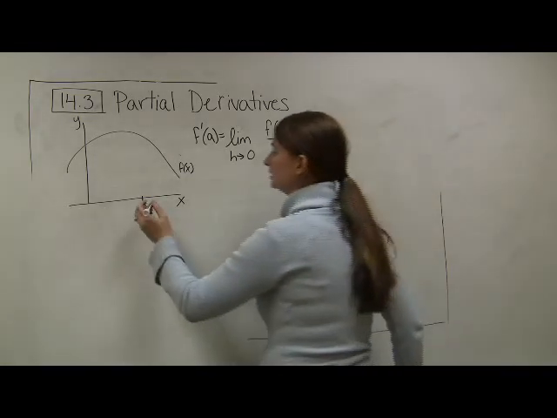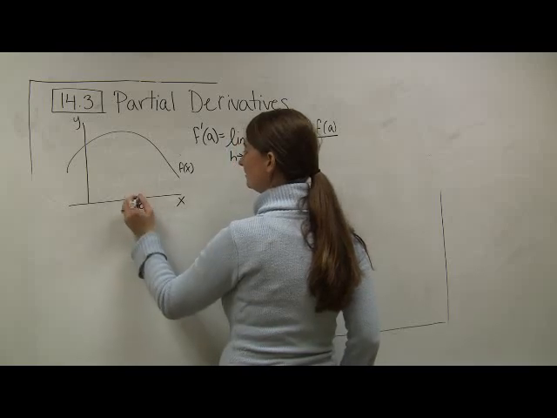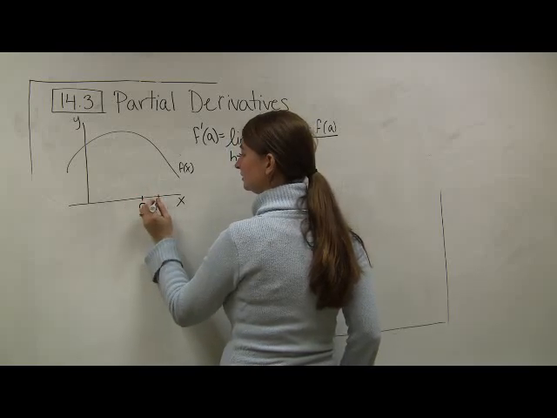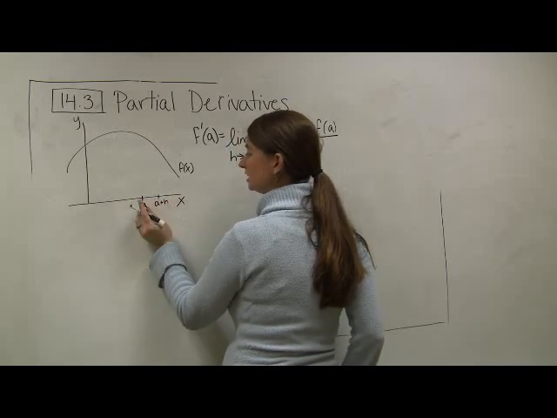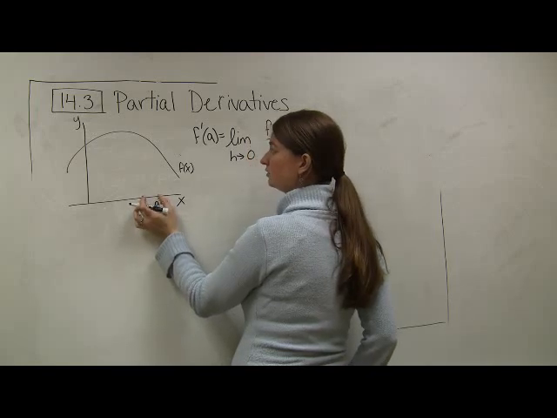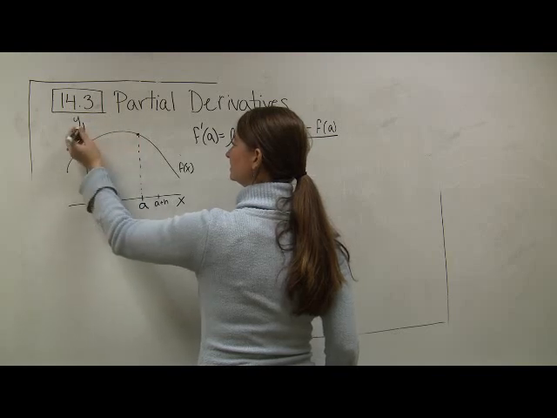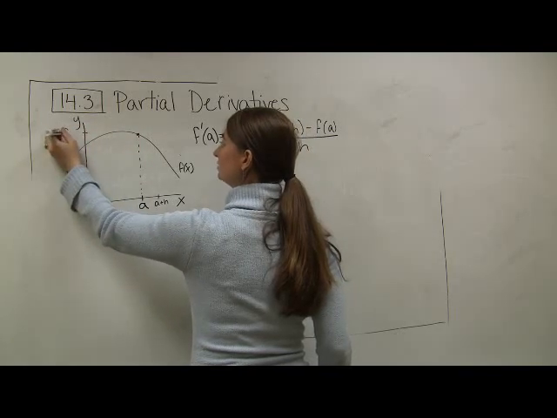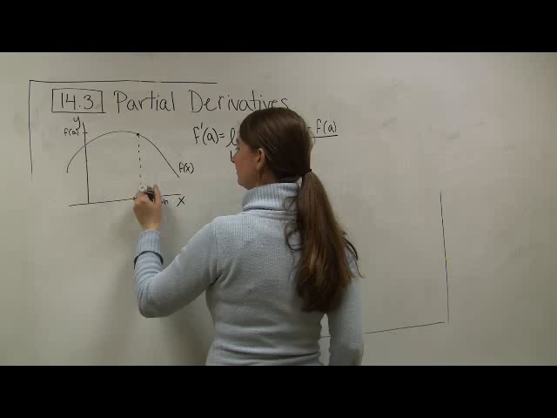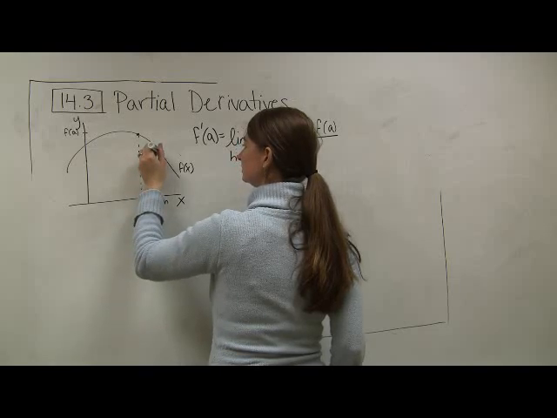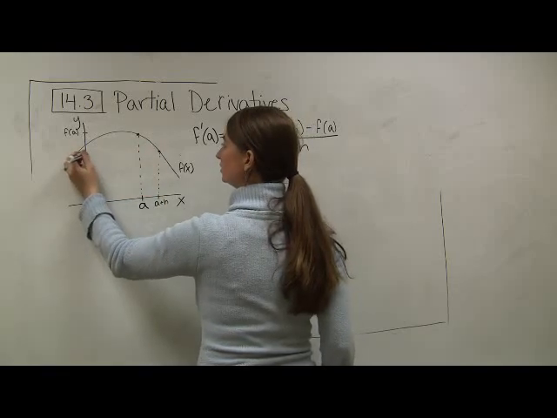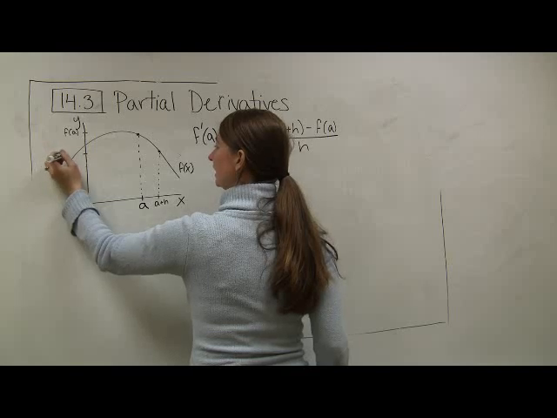Graphically, this derivative, if I have a here, let's say a plus h is some h distance over from a, and f of a is going to be whatever my output value is, and f of a plus h is whatever the output value of a plus h is.